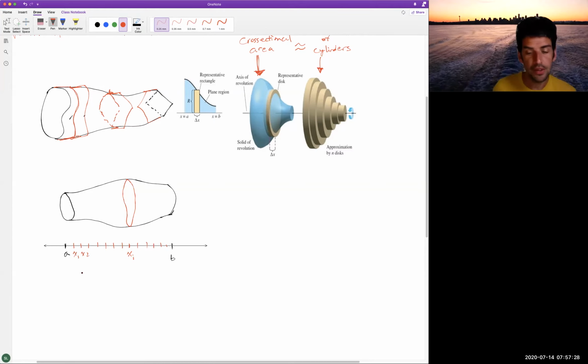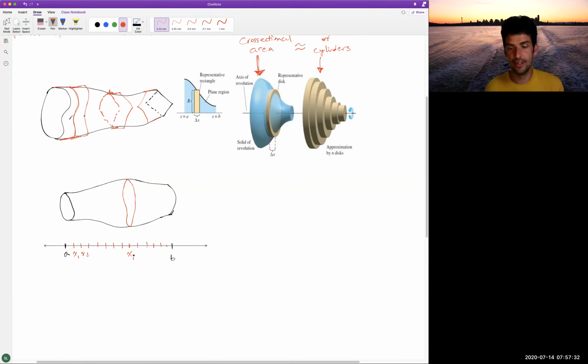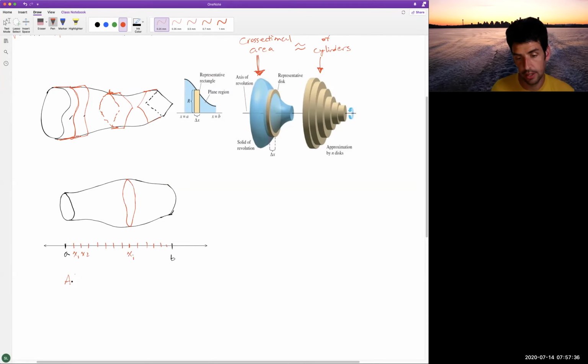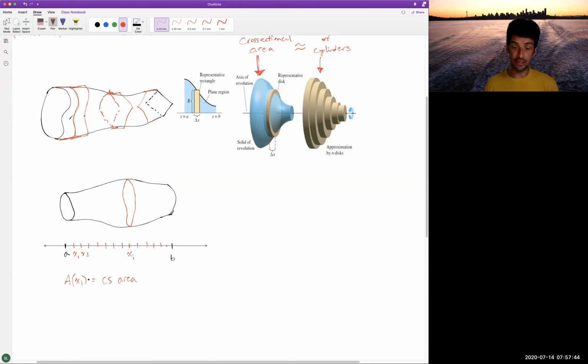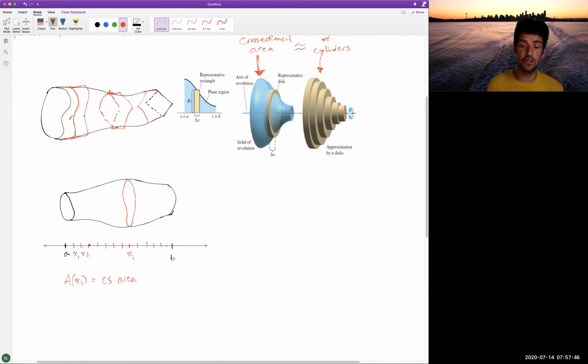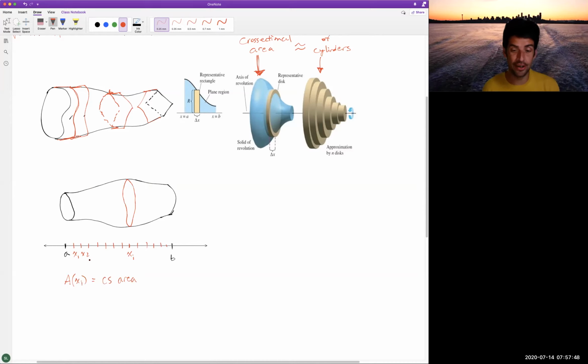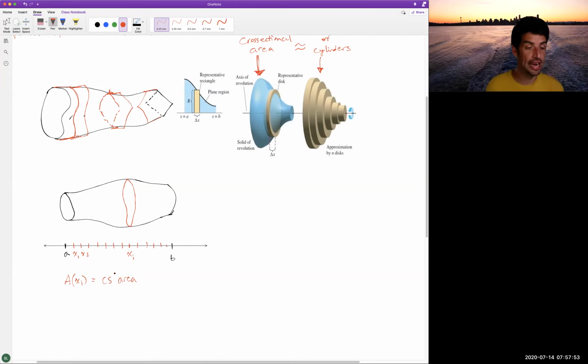The cross-sectional area at each xi, I'm going to write this way: A of xi equals the cross-sectional area. Notice it's a function. You input which place you're slicing at, and you get a different area popping out.